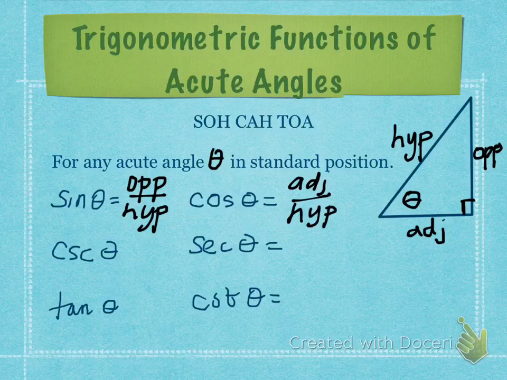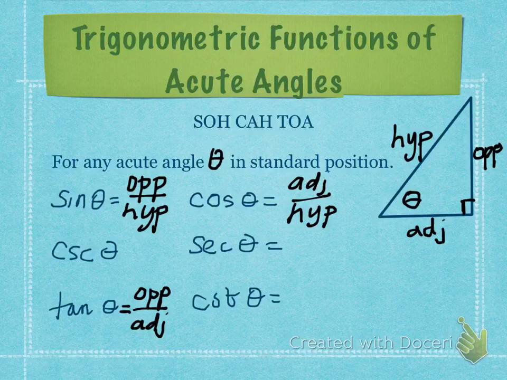That's the CAH in SOHCAHTOA. And I'm skipping a couple. I'll come back to my promise. Down here, tangent is the opposite over the adjacent. That's the TOA at the end. There's three that I didn't fill in.